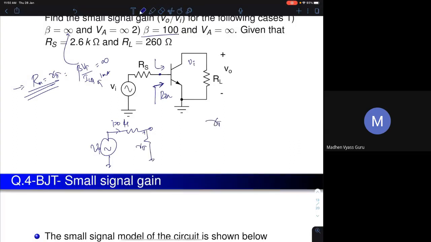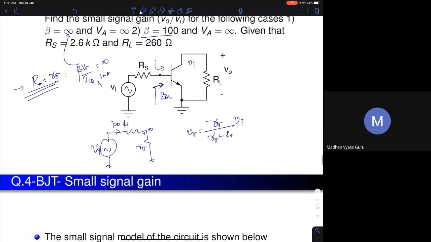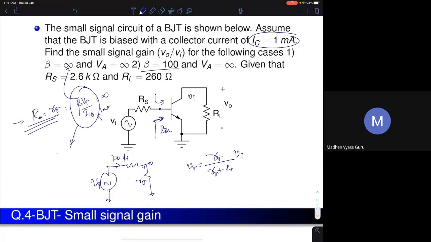So the voltage division will be R pi by R pi plus Rs into Vi. That will be your V pi. R pi you can find from this equation: beta is given to be 100, into VT upon ICQ. VT is known, ICQ is known. You get the ratio R pi by R pi plus Rs into Vi.